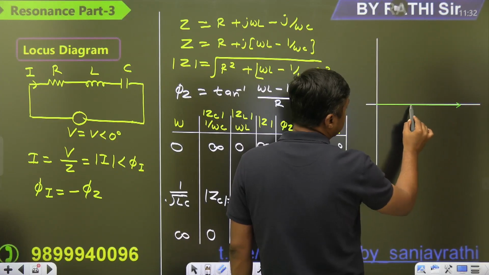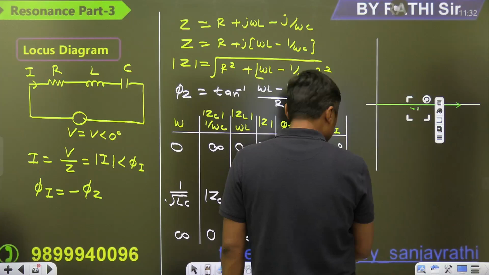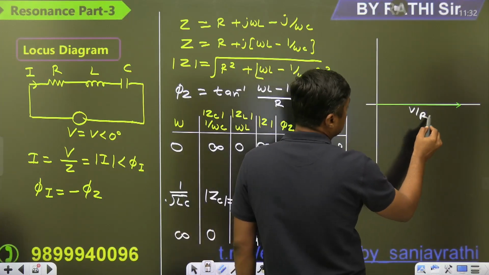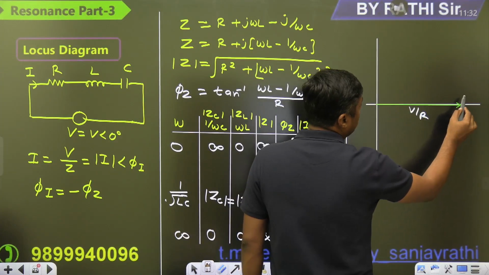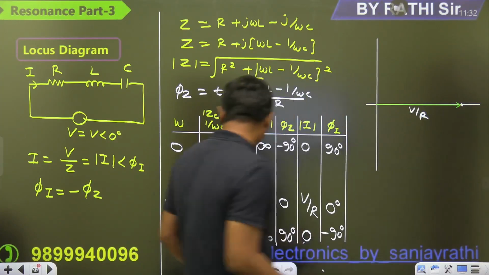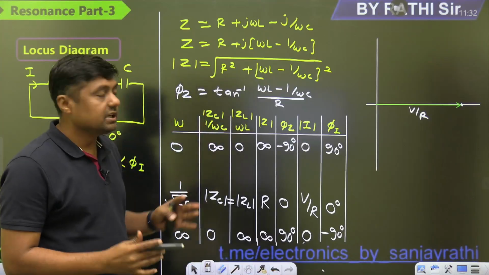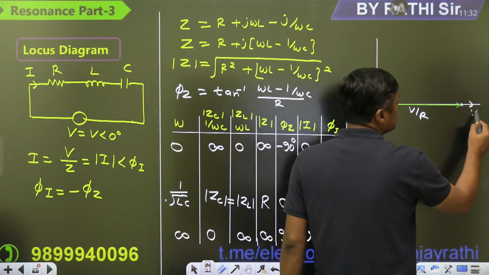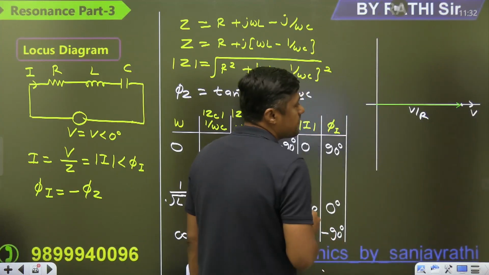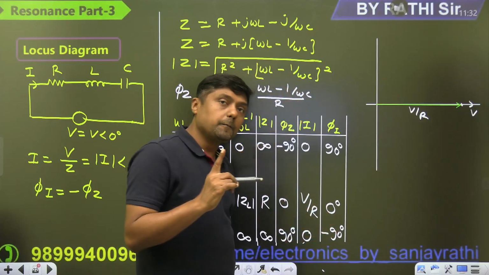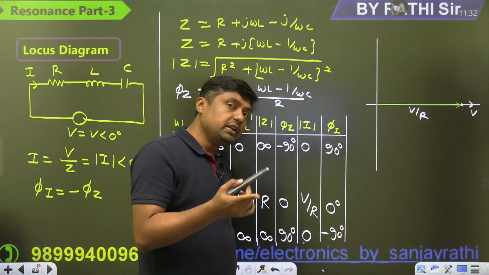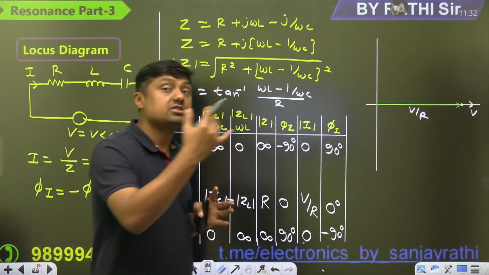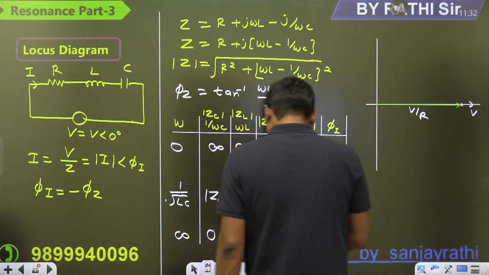V by R. At this point, that frequency you have the idea, 1 by root over LC, and the current is V by R, and the voltage is in the same phase. So V and I are in the same phase. Now, when we are varying omega for the capacitive circuit, you already have the idea of the semicircle. You will get this type of semicircle here.